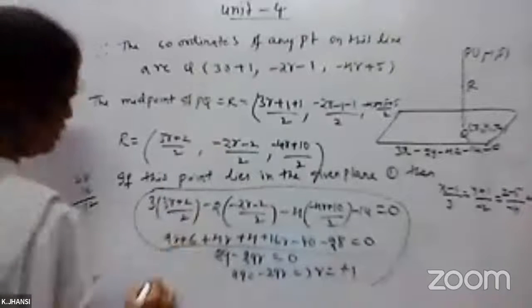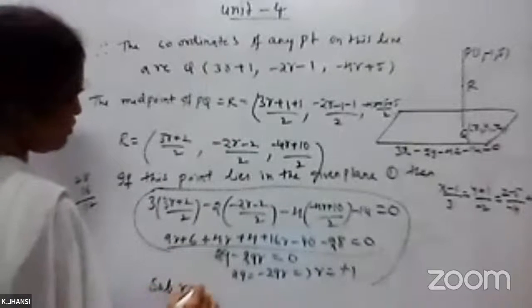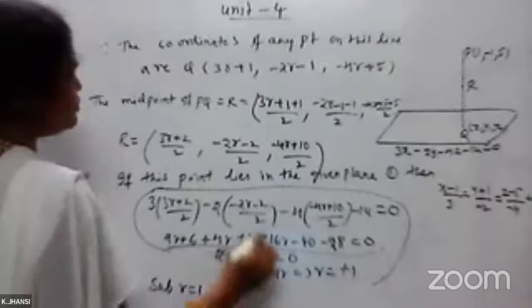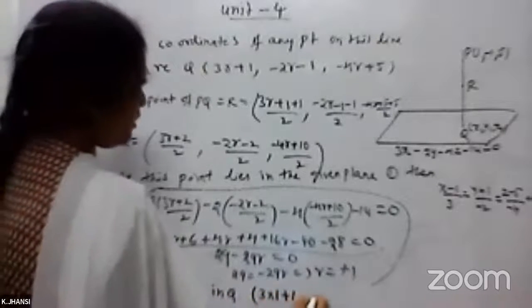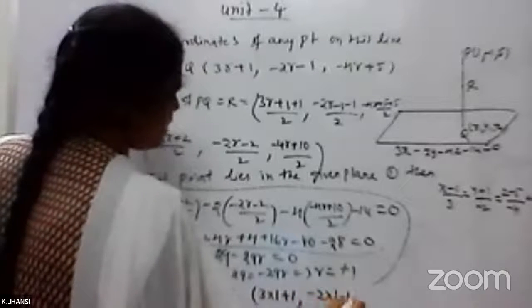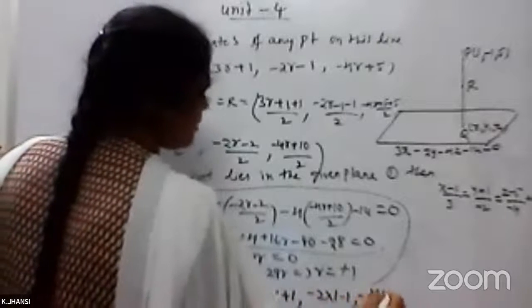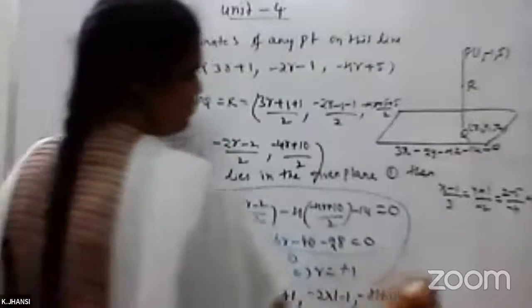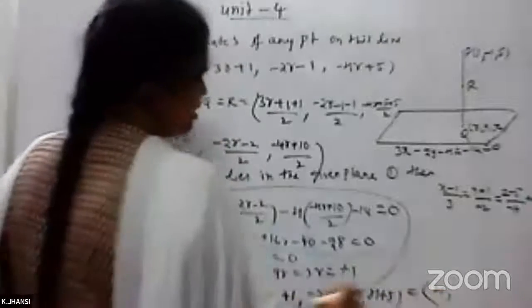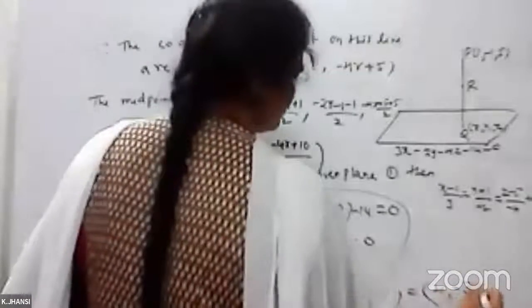So when you substitute in Q, substitute R equals 1 in Q. So you will get it as 3 into 1 plus 1, minus 2 into 1 minus 1, minus 4 plus 5. So the point is 3 plus 1, 4, minus 3, 1.